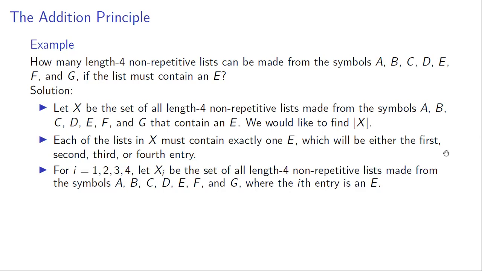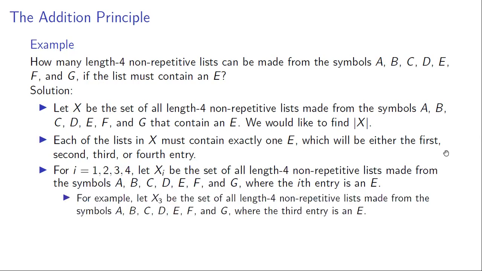The first set is going to have E as the first entry. The second set is going to have E in the second entry, and so on. We're defining these X sub 1, X sub 2, X sub 3, and X sub 4.